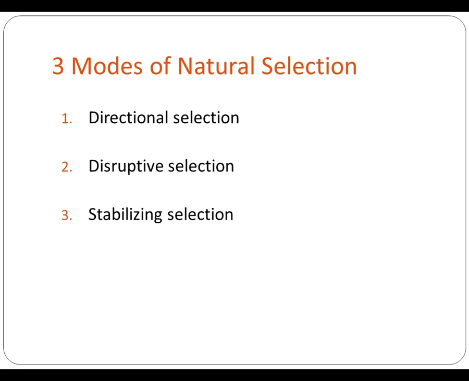I thought I caught that and I guess I took the wrong format. So it is in columns. Depending on the version of the form you've got, there may be an error. So we have directional, disruptive, and stabilizing selection. Go ahead and change those columns if you need to. And again, I'm sorry. I don't work well under pressure.